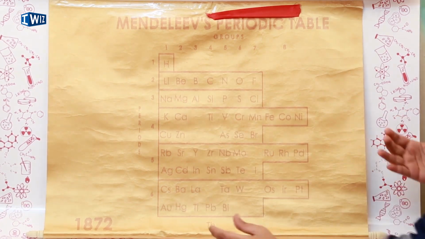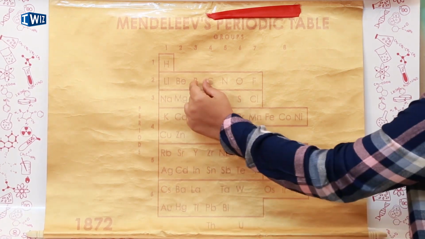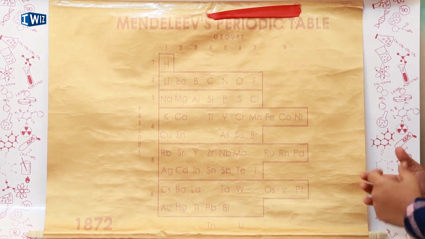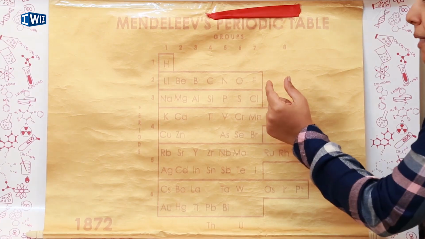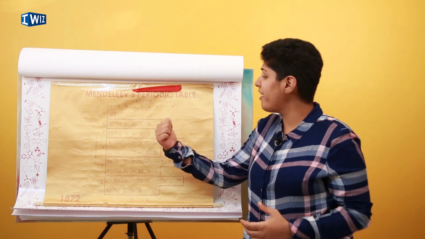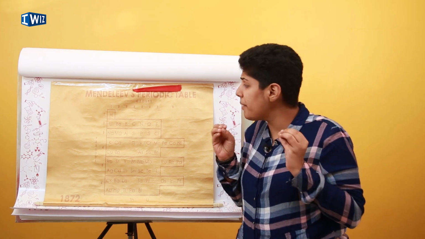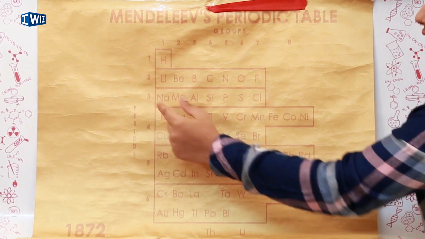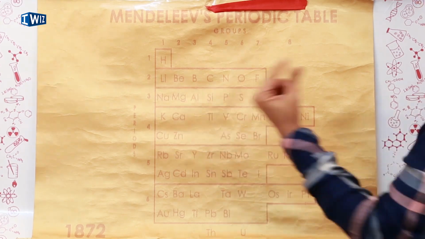So he places the first one over here. Next, beryllium goes over here. Next, boron in the next group, carbon in the next group, and he goes on doing this till he gets to sodium. Now, instead of placing sodium right after fluorine, he sees that sodium's chemical properties are very close to lithium. So instead of placing it here, he puts it down over here. And then he continues, magnesium goes here, aluminum goes over here.